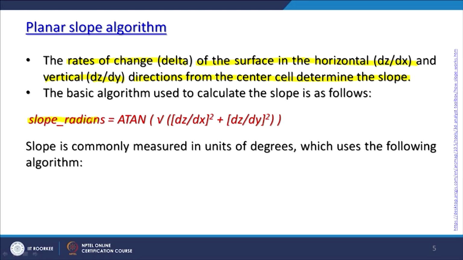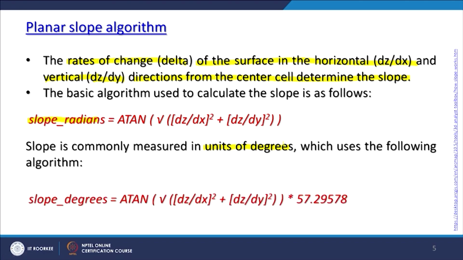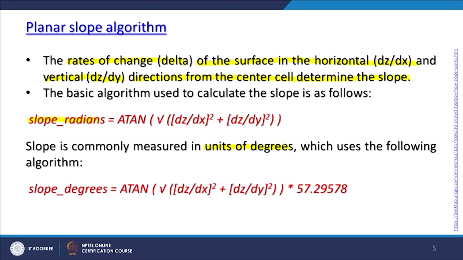Slope is commonly measured, and most preferred, in degrees, and most of these software packages have degrees as the default. So, if we have to calculate in degrees, we need the factor 180 by pi, which we have already discussed.